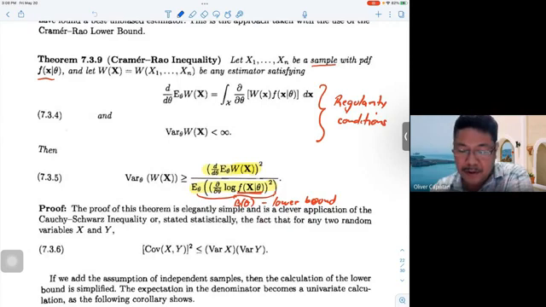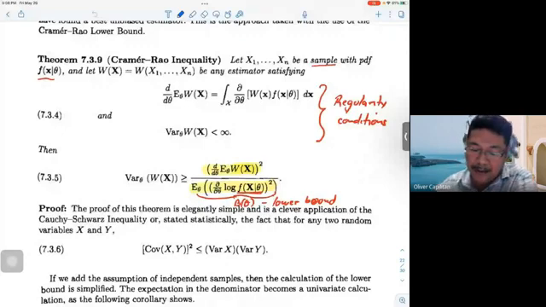If these two conditions are satisfied, then the variance of W(X) is greater than or equal to a fractional expression, in which the numerator is the square of the derivative of the mean of W(X) with respect to θ, divided by the expectation of the square of the partial derivative of the log of our density with respect to θ.